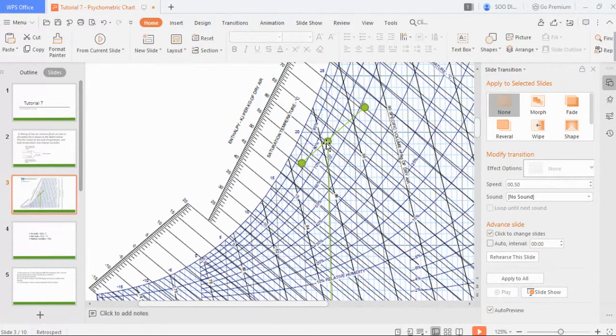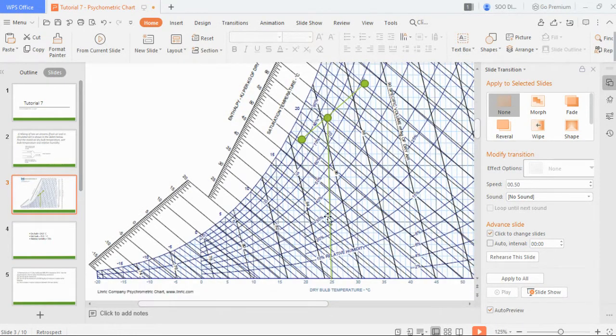With that, you'll be able to find out that the mixed air has a relative humidity close to 72%. It's just slightly above the 70% RH. And then you have close to 21 degrees Celsius of the wet bulb.